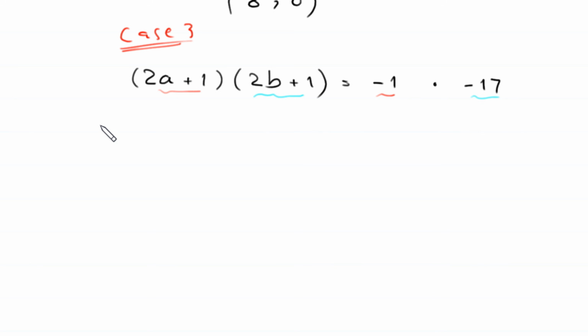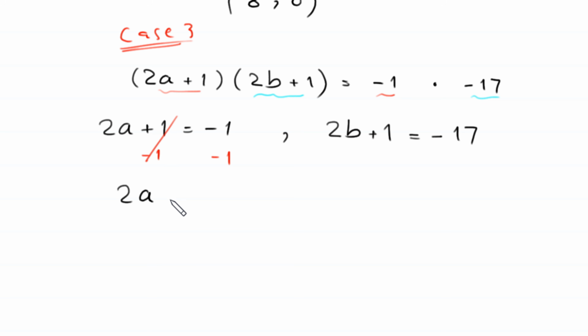So this will become 2a plus 1 is equal to negative 1, and 2b plus 1 equal to negative 17. From this equation, if we subtract 1 from both sides, 2a is equal to negative 2.